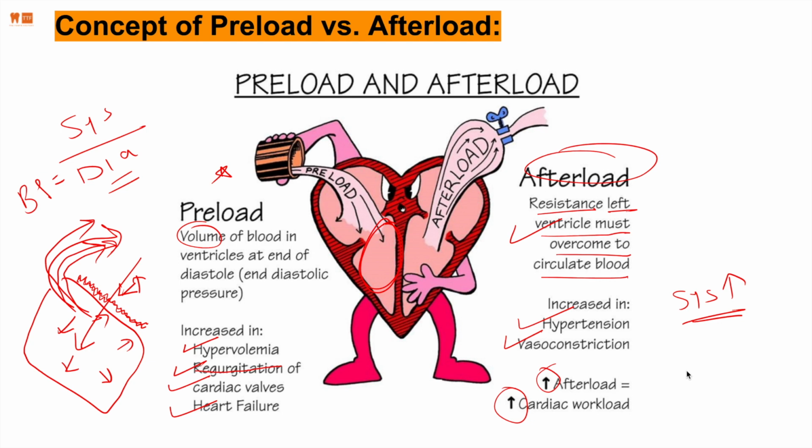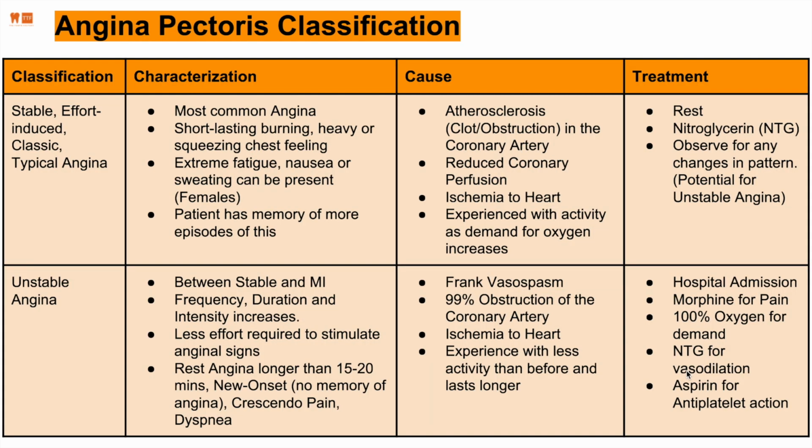Okay, so now that we have the two terminologies clear, let's move on to angina pectoris' classification in more detail. We already talked about the names. We have stable, effort-induced, classical, and typical angina. These are all the same. So what is it? It is the most common type of angina. It is short-lasting, burning, heavy, or squeezing chest pain. But remember, short-lasting.